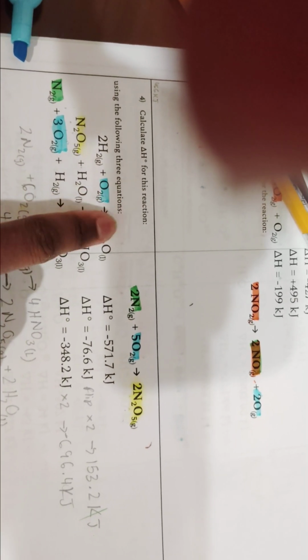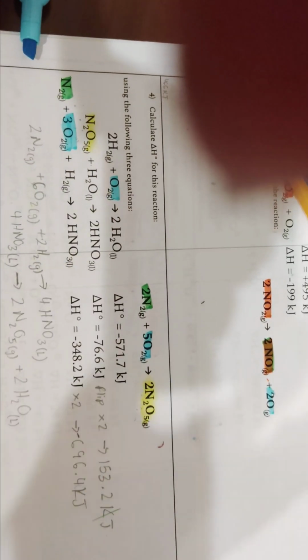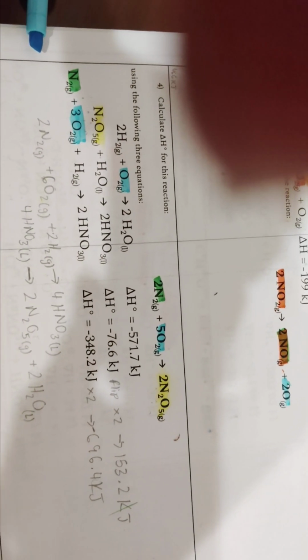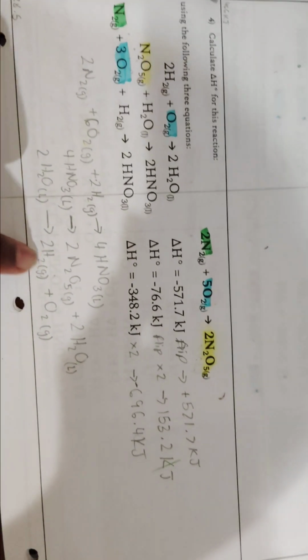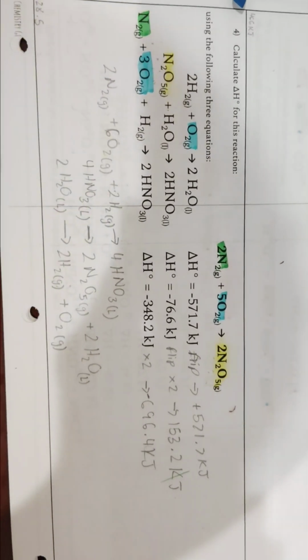So we're going to flip this equation and not do anything else to it. All right, we'll be right back. So we flipped the equation and we didn't have to do any multiplication or division for that.